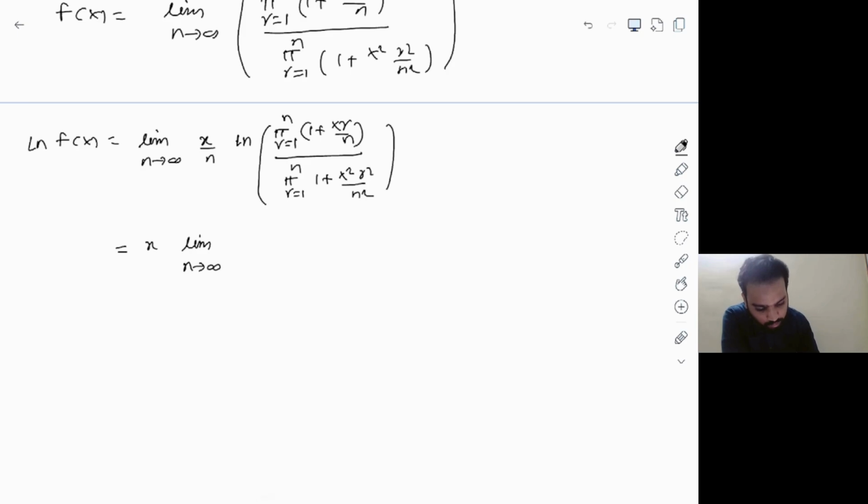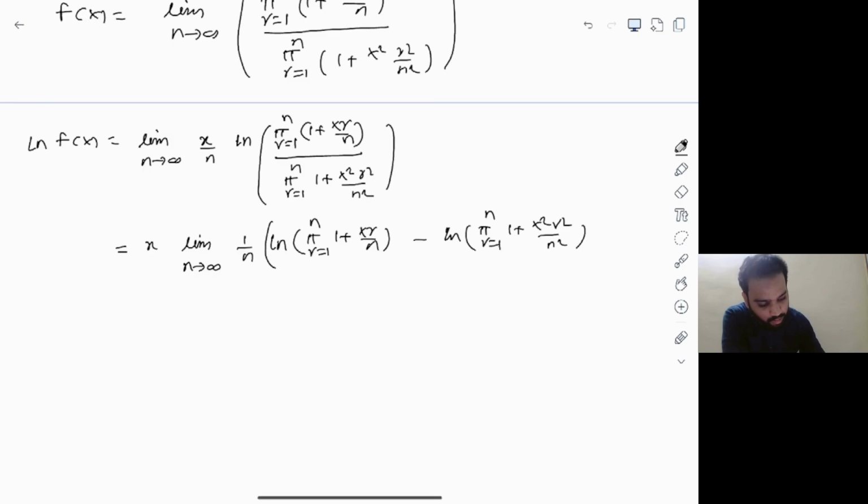The remaining part will be limit n tends to infinity 1 by n into, and what is the numerator part now? It is clearly ln of pi r is equals to 1 to n, 1 plus xr by n minus, again this will be ln of pi r is equals to 1 to n, 1 plus x square r square divided by n square.